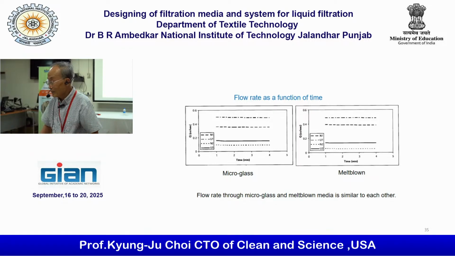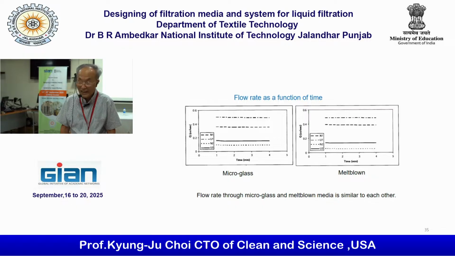You can buy it. It's about $20,000. Then you can get the mean flow pore right away. Yes, mean flow pore is quite important for liquid filtration. That's the starting testing equipment, mean flow pore.